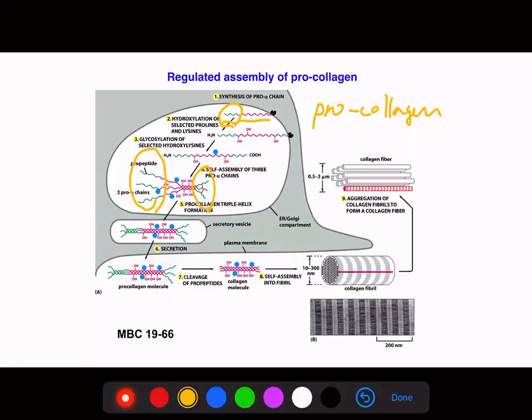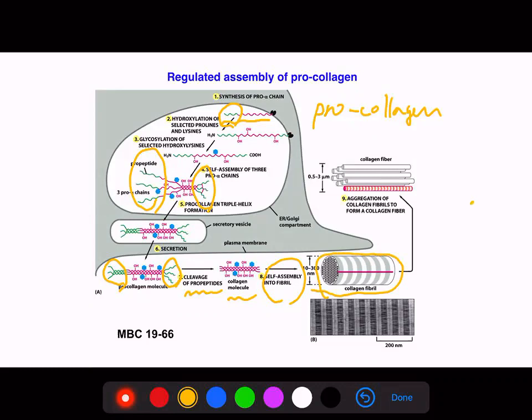So when they are in the secretory pathway, they finish up this fibrous triple helix, like one single fibrous collagen molecule forms, and then it will be secreted out, but the pro domain will be cut off, okay? So I think the cleavage of the propeptide will happen, and then they'll have this mature collagen molecule completed, and then it will be assembled into these big collagen fibers.